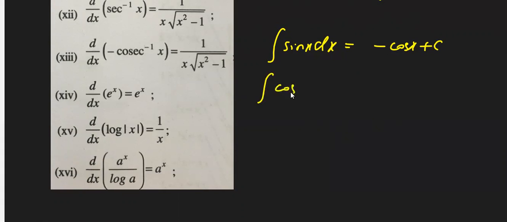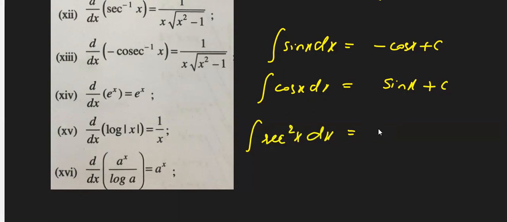Consider integral cos x dx. We know that cos x is the derivative of sin x. So integral cos x dx is sin x plus c. Suppose we consider integral secant square x dx. We know that secant square is the derivative of tan function.